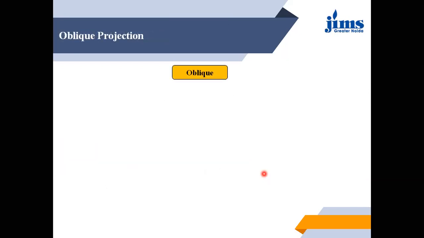Now oblique projections are also of two types, and this is also one of the most important topics, for which sometimes they ask in the exam, and they ask you to write the difference between Cavalier as well as Cabinet projection.